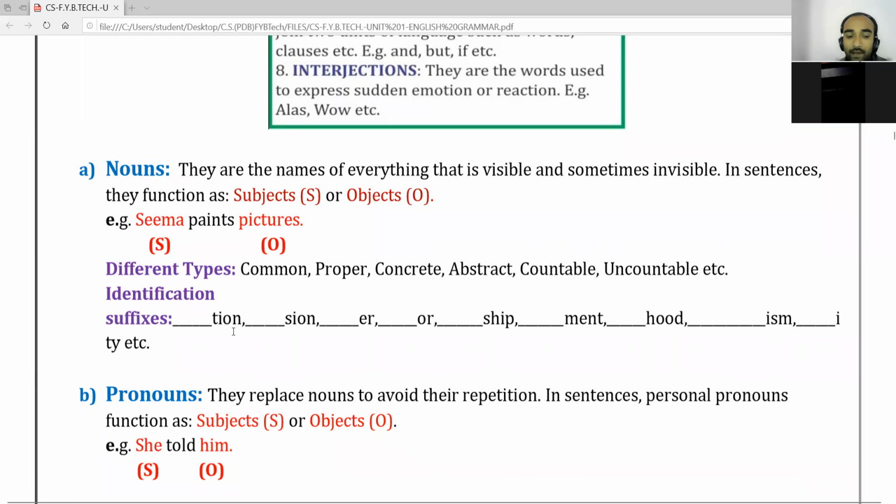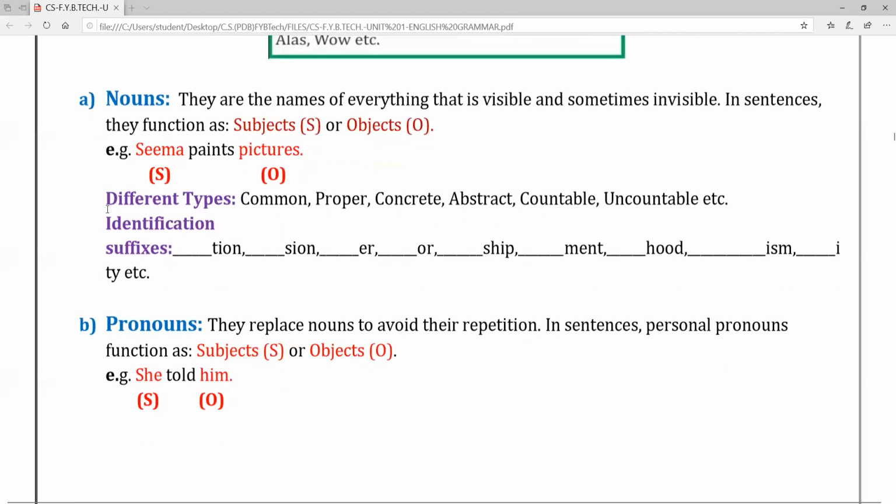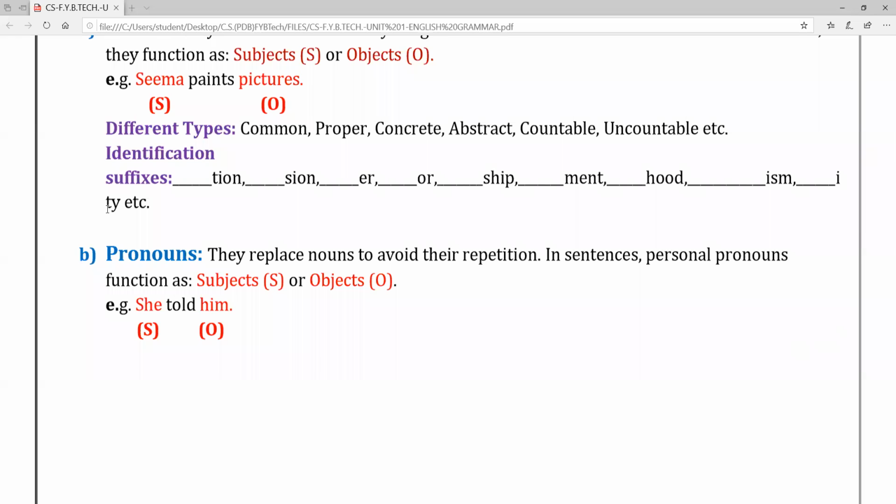If we find words having these suffixes, then we can say that these are nouns. If a word is ending with tion, sion, er, or, ship, ment, hood, ism, ity, etc., these are some of the suffixes which come at the end of the word.